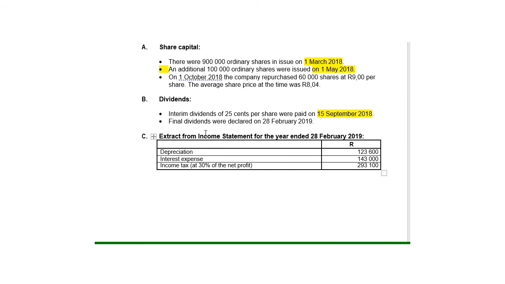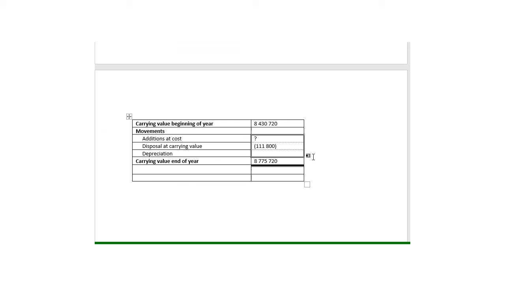So let's see if there's anything to do with depreciation. And there they give me from the extract from the income statement 123,600. Put that in as well. As I said, it's also making the amount less, so I must put it in brackets. 123,600. Good, now I must just work back. I know the workings of the note.